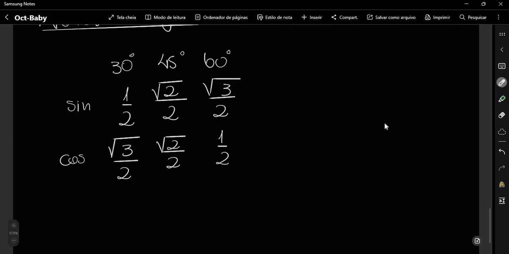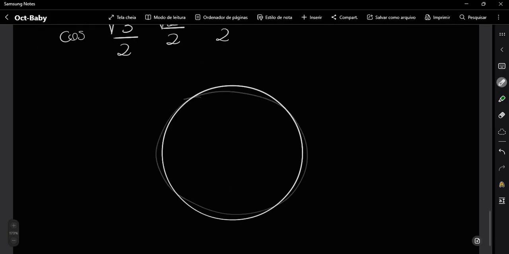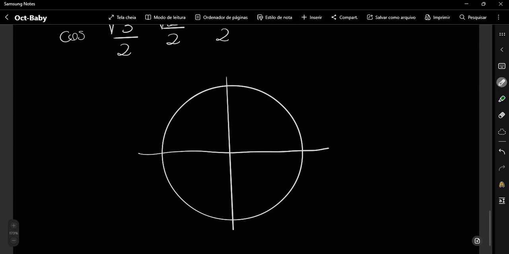And now let's get the trigonometric circle. So right here's for cosine and right here's for sine.